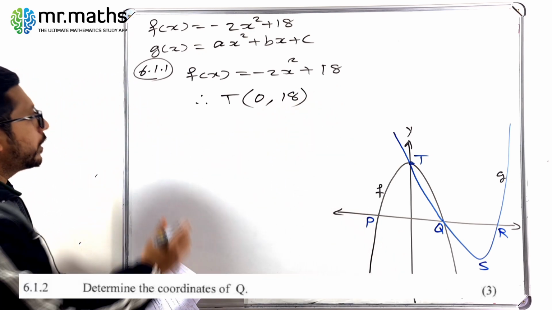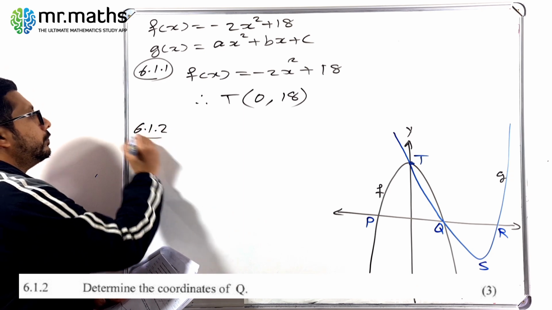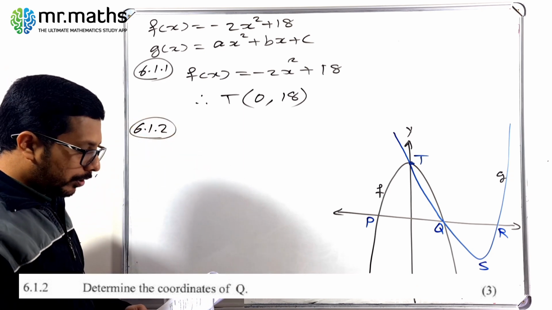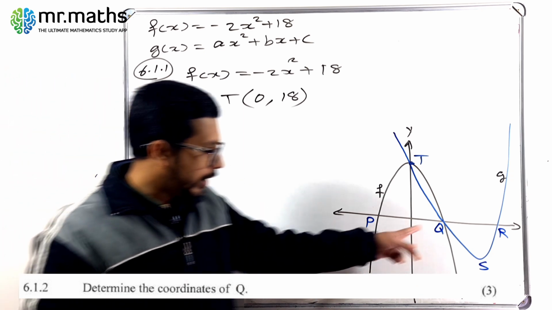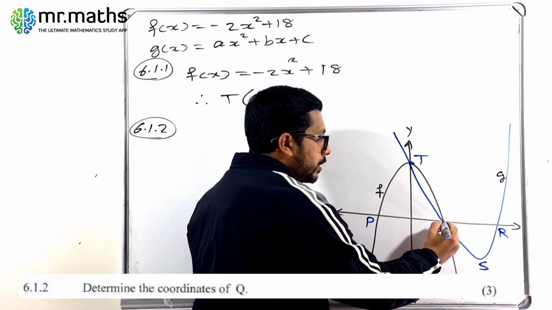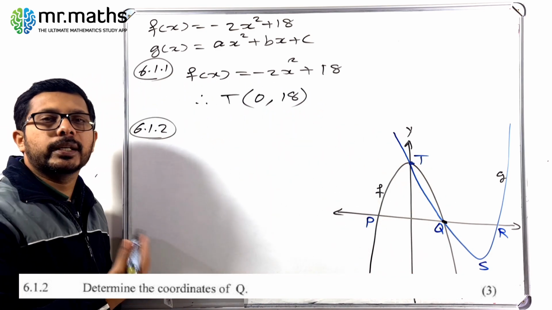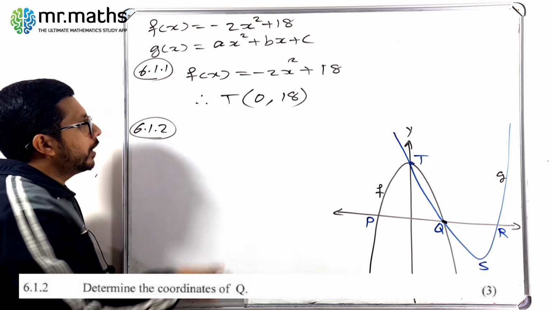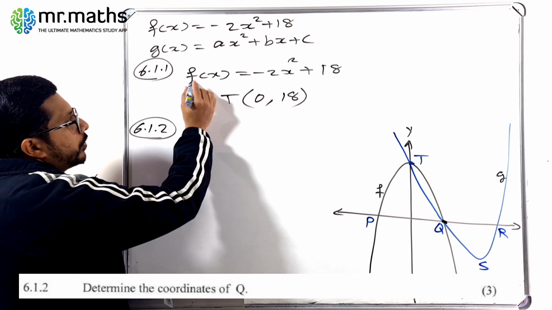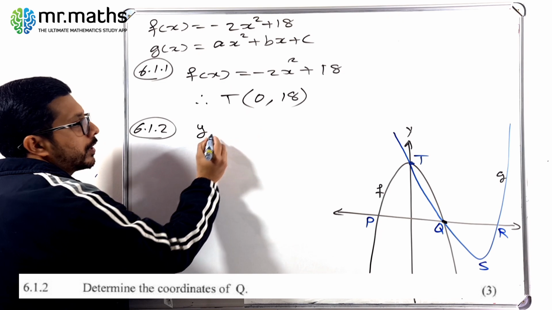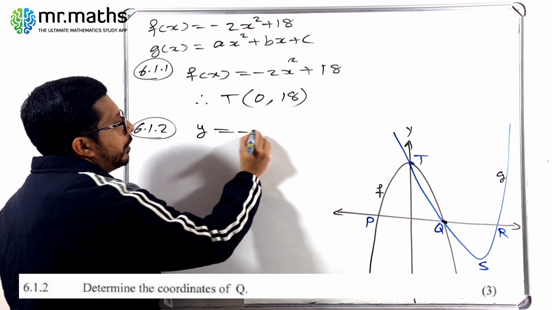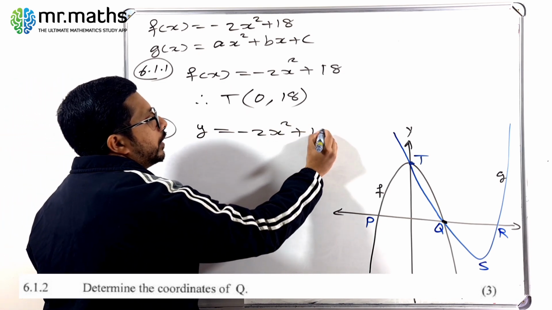Okay. Next question, 6.1.2. What is that question? Determine the coordinates of q. What is that point q? Q is the x-intercept of this f of x graph. Am I right? Okay. So at the x-intercept, what is y? 0. Okay. So write once more that equation, f of x is equal to, that is the same as y is equal to minus 2x square plus 18.